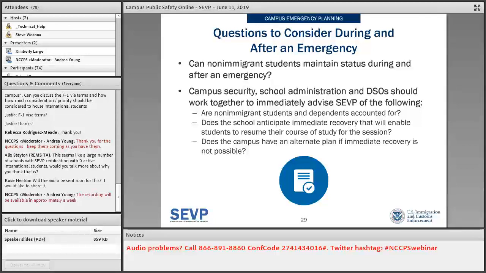It's important to remember that you need to have access to your international student files. If a student does need to transfer, the DSO is going to need to have access to SEVIS, which is going to require the internet, that type of thing.